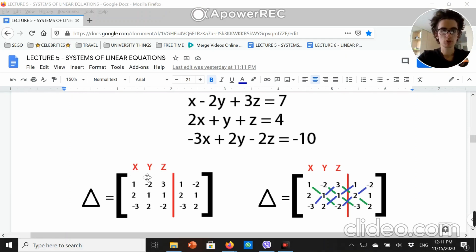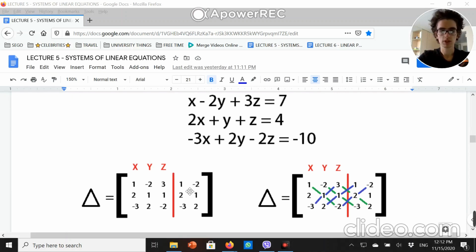So we have our values for x, which here are 1, 2, and negative 3. Then also values for y, which are negative 2, 1, 2, and values for z, 3, 1, negative 2. We draw a little line just to separate it, and on this side we just rewrite the first two columns.